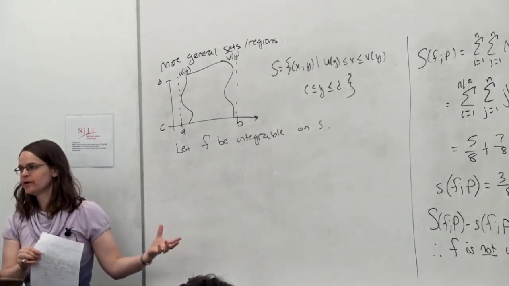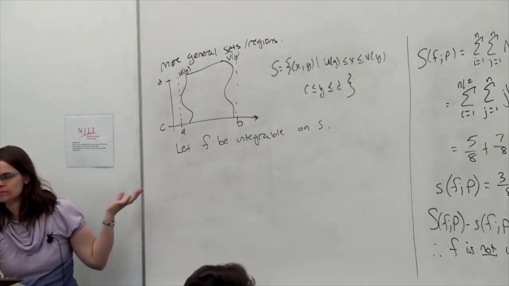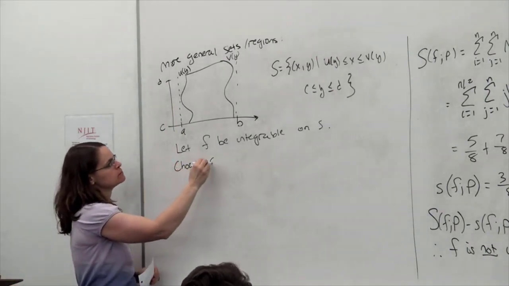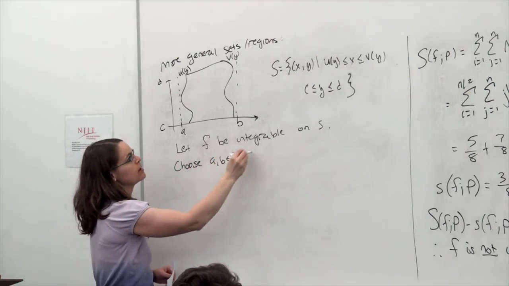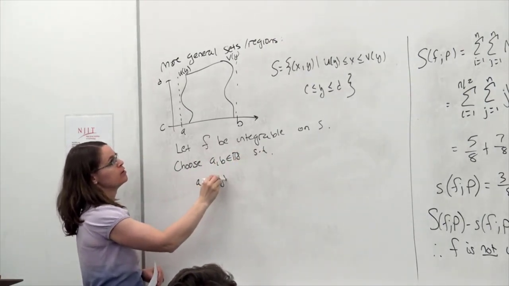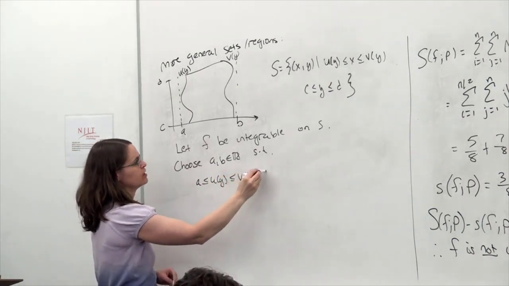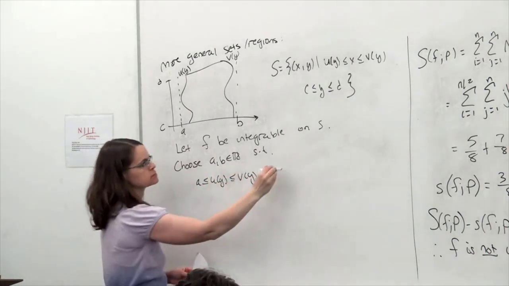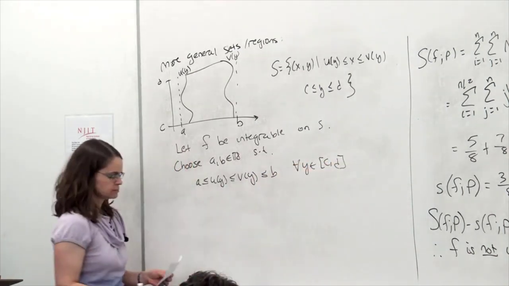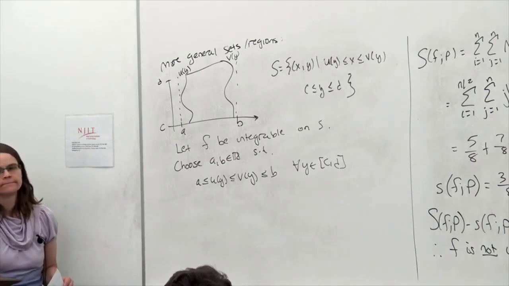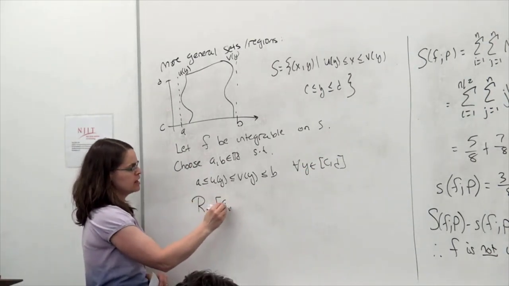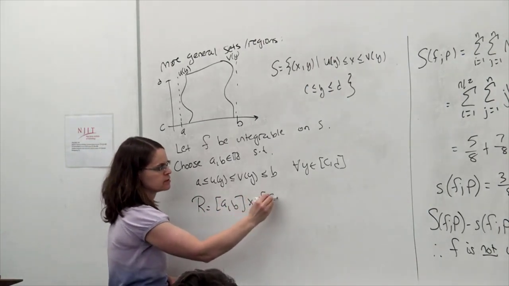We said we know a lot about rectangles, so we just stick this in a box. I'm just going to do that again. Let's just choose some A and B such that these are bounds on our U and V. Okay, so that gives me my rectangle. My rectangle is now A B cross C D.